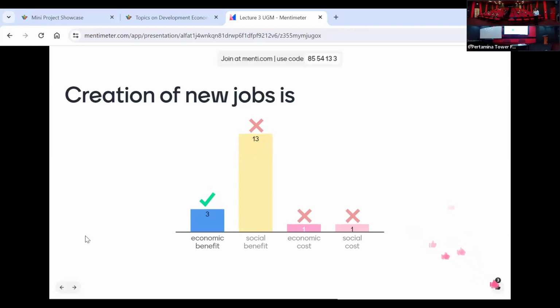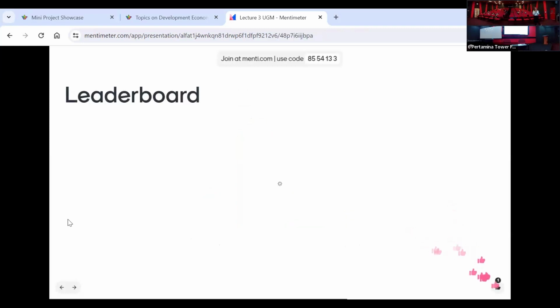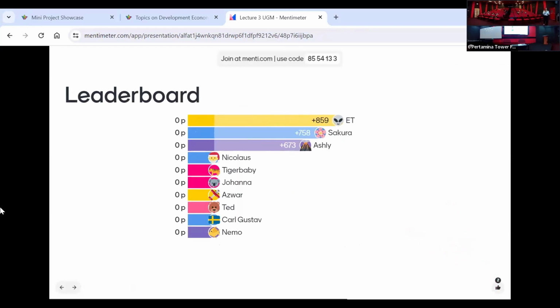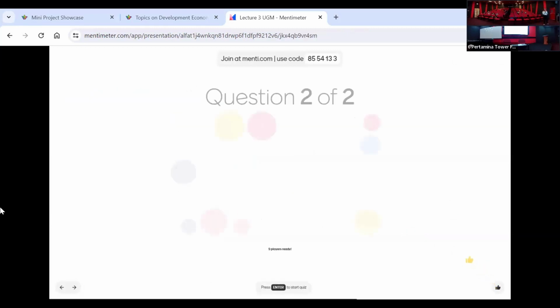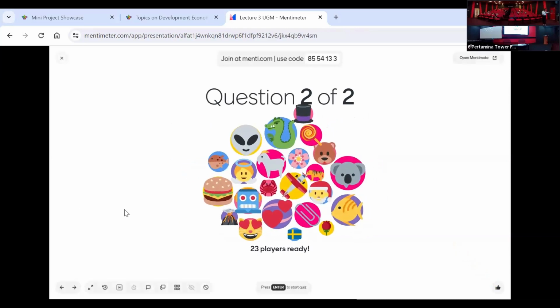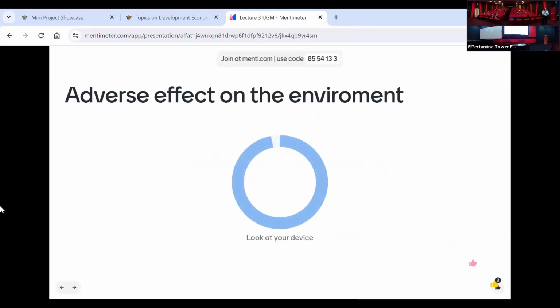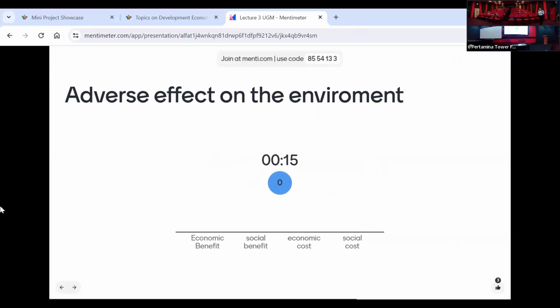Okay, wakey, wakey. Come on. Last one. Leaderboard. Adverse effects on the environment is.